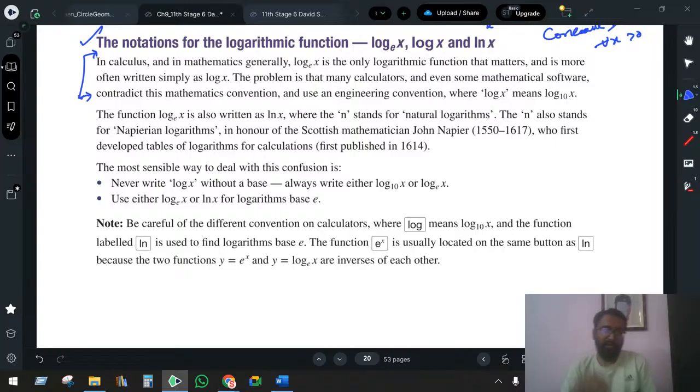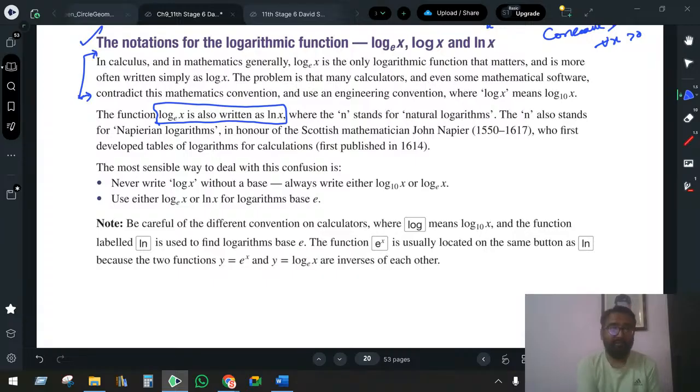So now log x base e is also written as ln x. Where n stands for the natural logarithm. I said it a number of times just now.